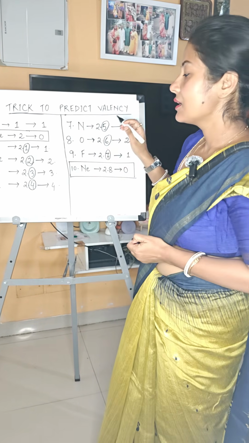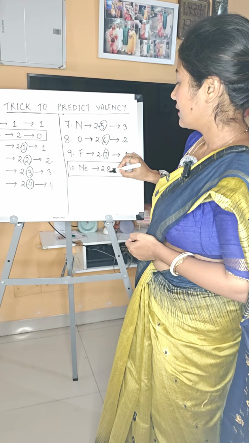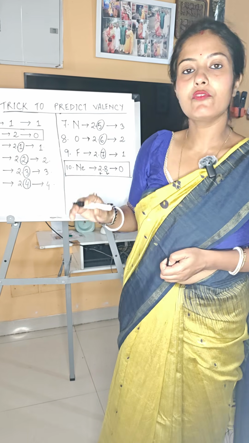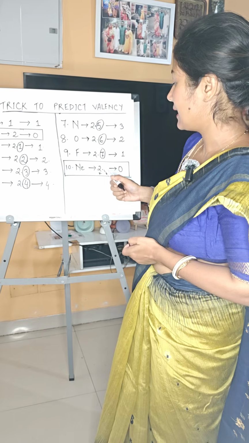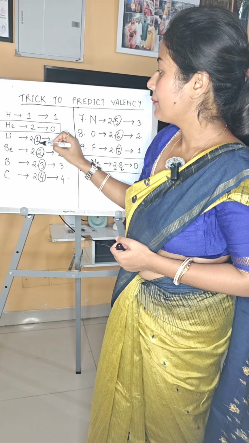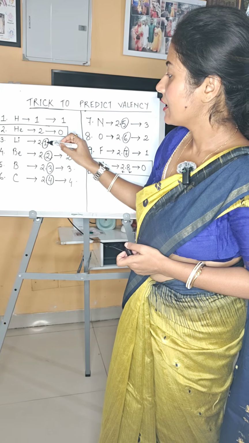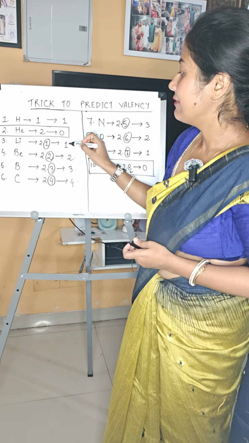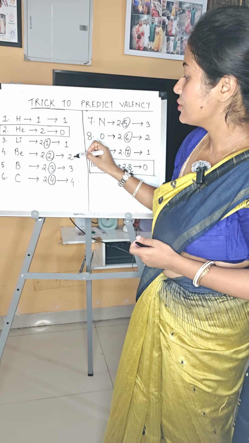Why? Because in this shell, the L shell, the maximum number of electrons that can be accommodated is 8. So I repeat again, if the number of valence electrons is 4 or less, then the valency will be equal to 1, 2, 3, 4.